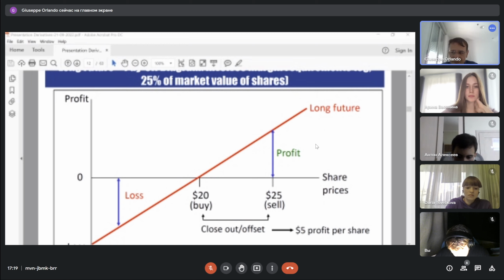So one thing that we mentioned before is to post a security as a protection, no? And regarding derivatives, not only do you have this, but also you have the so-called margin calls.